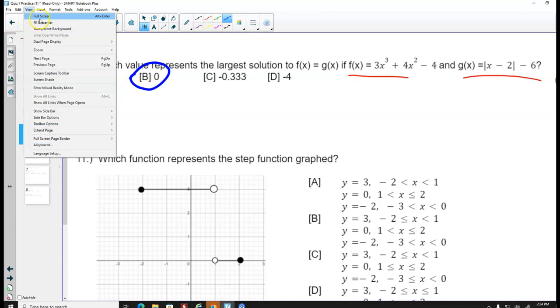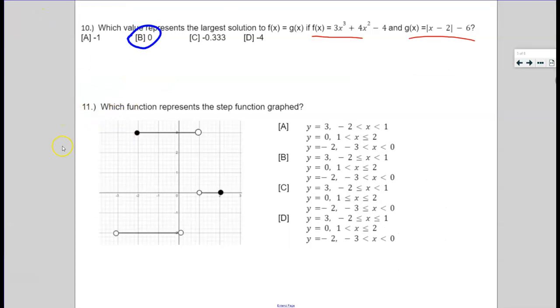Now, for question 11 again, you guys are welcome to graph it and shade it exactly in Desmos. This is a step function. So let's see. I like to write things down on the side so I can compare it to my answers, so I don't get really confused because there are a lot of answers here.